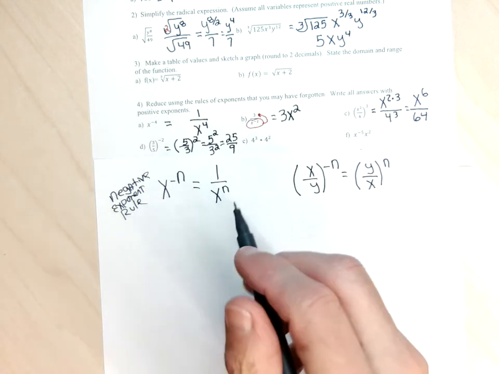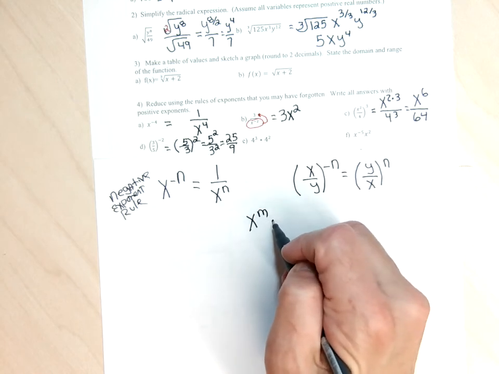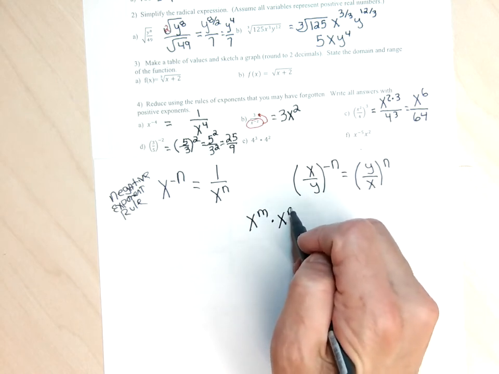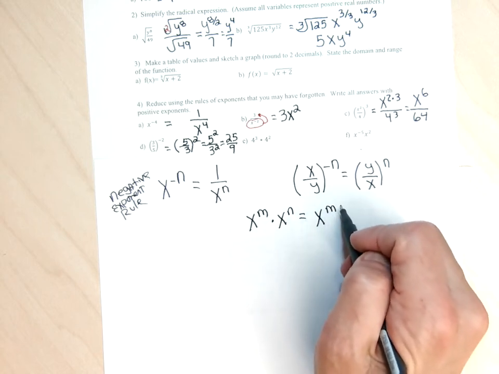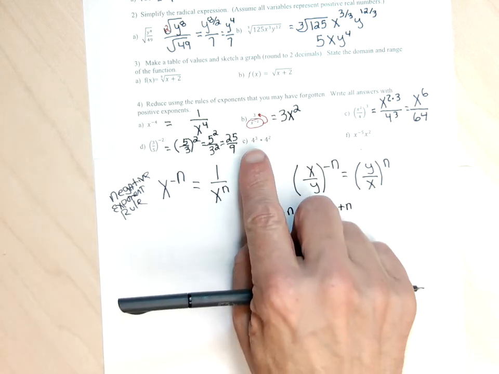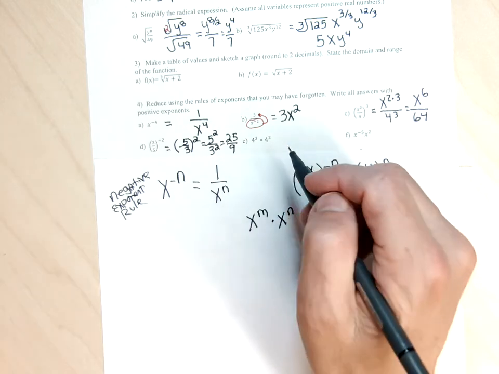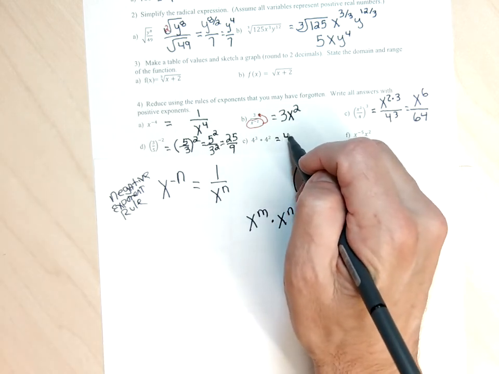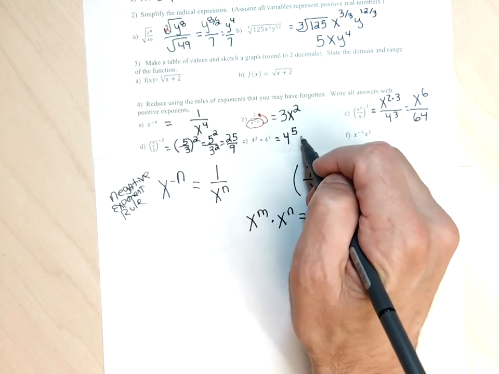For part E, I'm going to use the rule from section P1 that says if you're multiplying and the bases are the same, you do the multiplication by adding the exponents and not changing the bases. Part E, I'm multiplying two terms. The bases are both 4, so I'm going to do the multiplication by not changing the base, and I'm going to add the exponents.